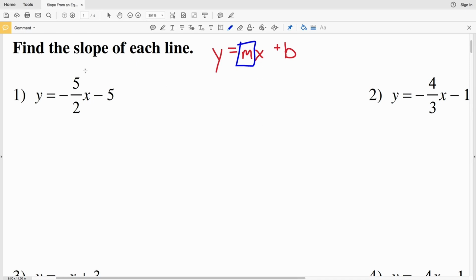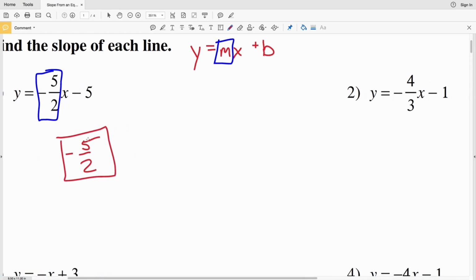So looking at the first equation, we have y equals negative 5 halves x minus 5. This is already in the form of y equals mx plus b. So the slope is this negative 5 halves, because that's our m. So the answer to number 1 is negative 5 halves.